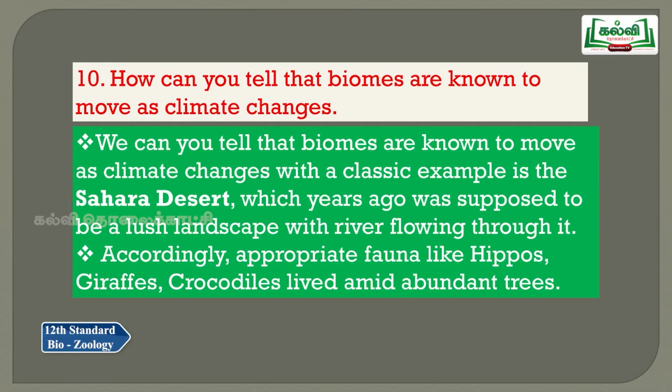Then the 10th question: how can you tell that biomes are known to move with climate changes? This is in your Do You Know box. That means biomes which were once very fertile can become barren. The classical example for that is the Sahara desert. Earlier it was a luscious landscape, that means there was a lot of greenery in that place.